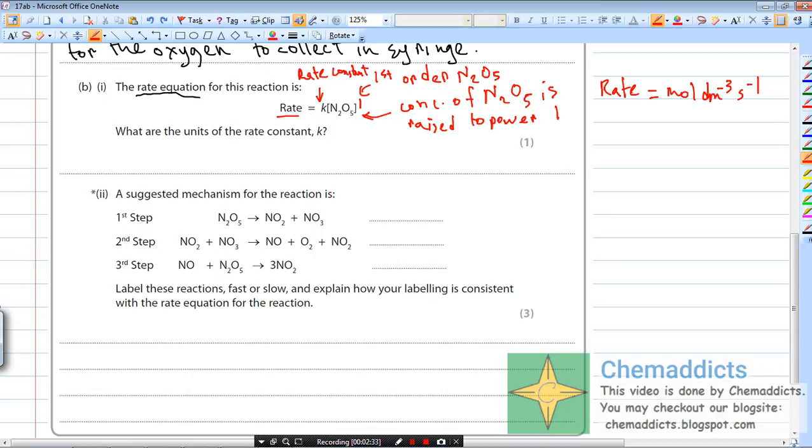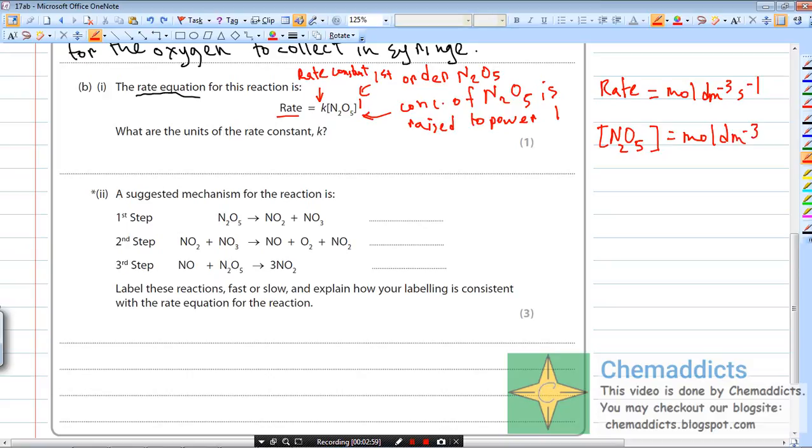The unit for concentration of N2O5, since the order of N2O5 is 1, should be mole per dm cube.